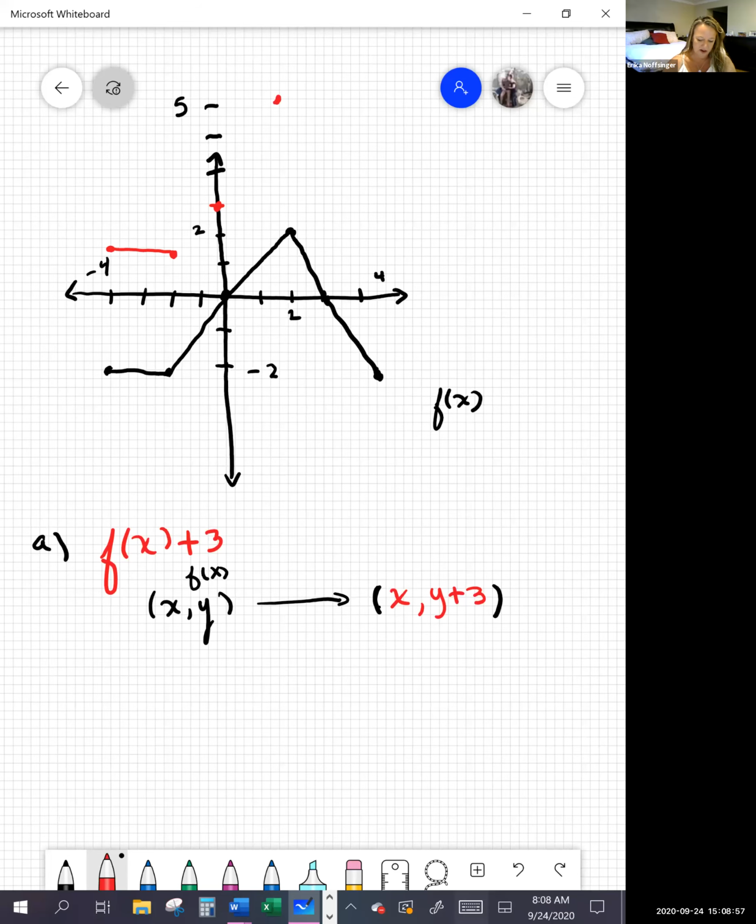This point at the origin is now going to shift up 3 units. And this point at 4, -2 is now 4, 1. So this is our f of x plus 3.